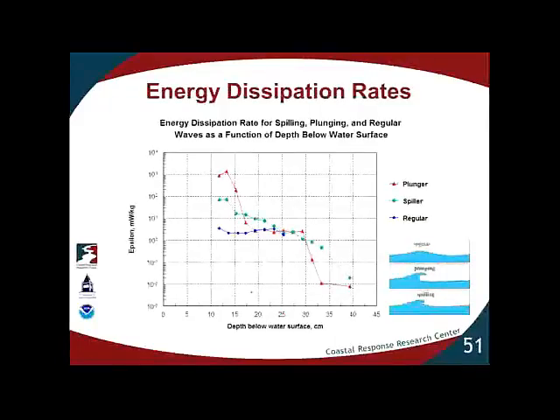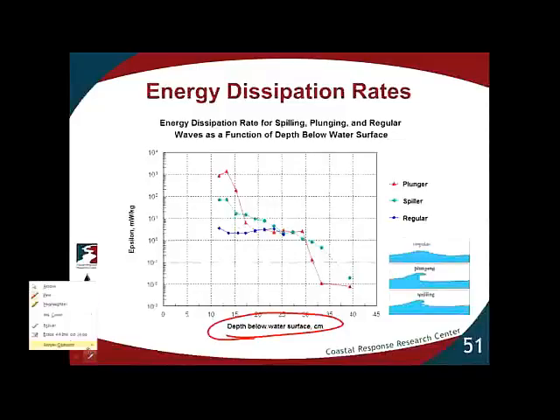So, now, here's something to think about. This is some data that they collected, and it's looking at the water below the surface. The first type of wave they looked at was the regular wave. And here is the regular wave. I'm going to just highlight the regular wave here in yellow. There's the regular wave right there.